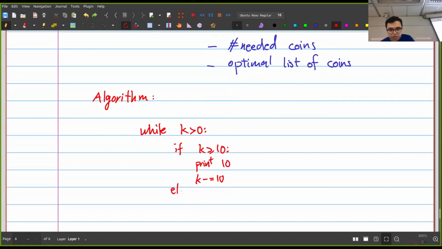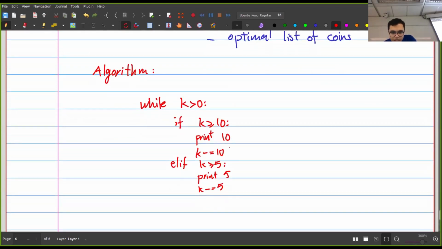Otherwise, check if K is greater than or equal to 5. If so, then just give a 5 and decrease the amount that you have to pay by 5. And finally, otherwise, you just print 1 and you decrease the amount that you have to pay by 1. So that's the algorithm.